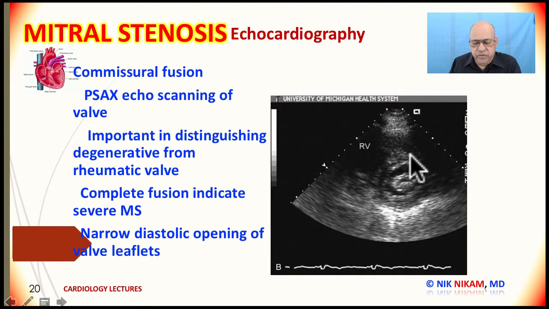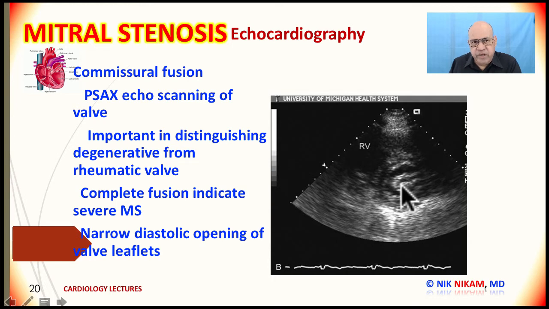Echocardiography can also be used in the short axis to actually look at the mitral orifice along with the leaflets. As you can see, there is thickening of the leaflets, there is narrowing of the mitral orifice. By using a planimeter around the opening, we will be able to calculate the mitral valve area.